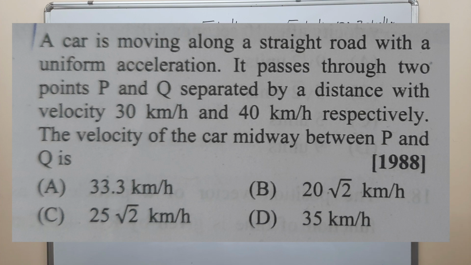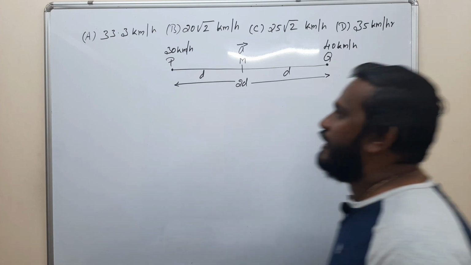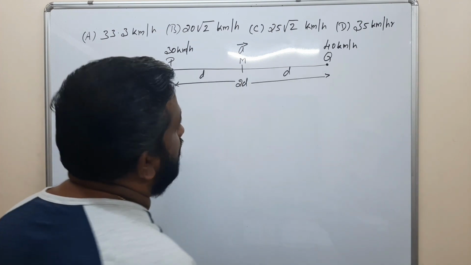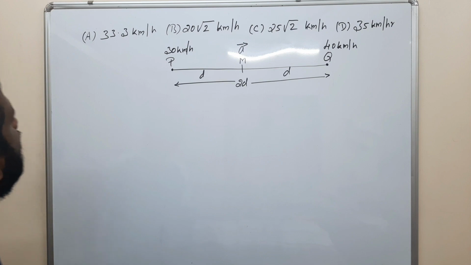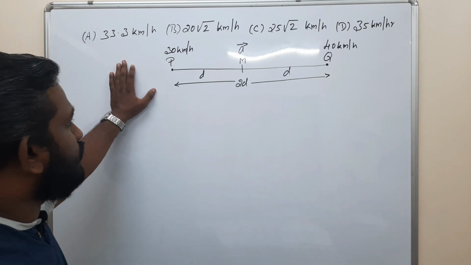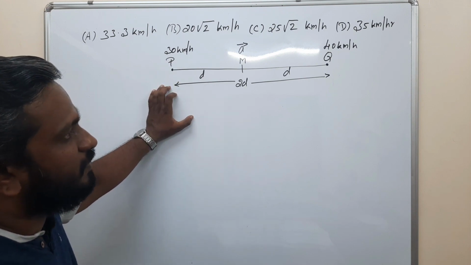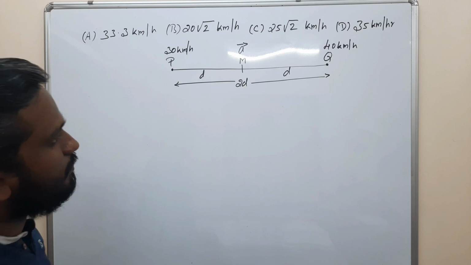The velocity of the car midway between P and Q is. These are the four options: A, 33.3 km per hour; B, 20 root 2 km per hour; C, 25 root 2 km per hour; and D, 35 km per hour.